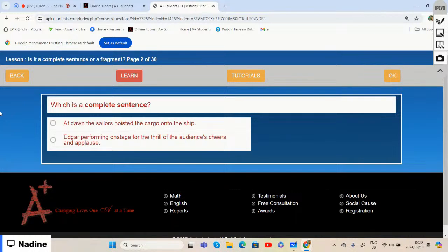We need to say which one is a complete sentence. Is it option one, at dawn, the sailors hoisted the cargo onto the ship? Or option two, Edgar performing on stage for the thrill of the audience's cheers and applause.